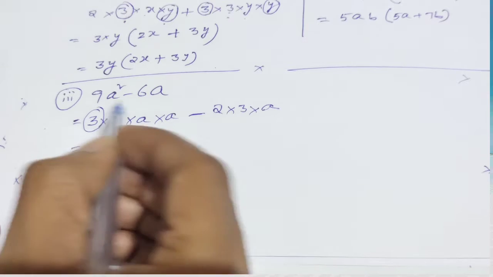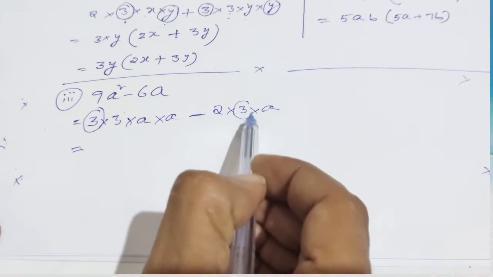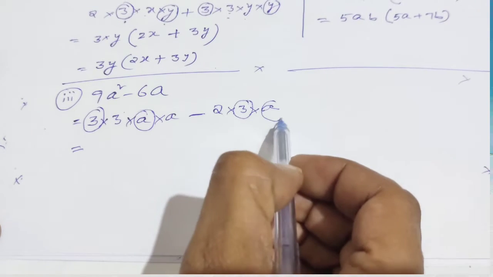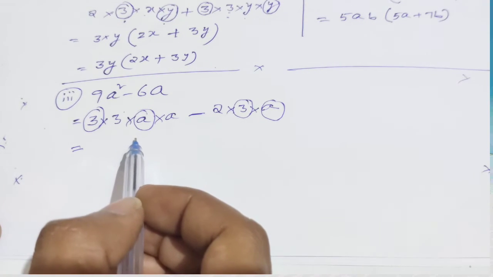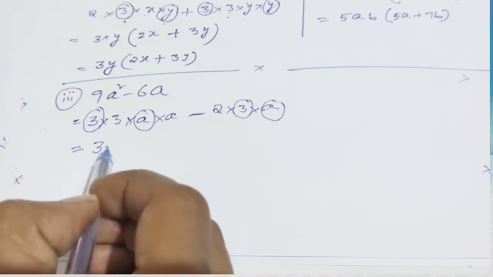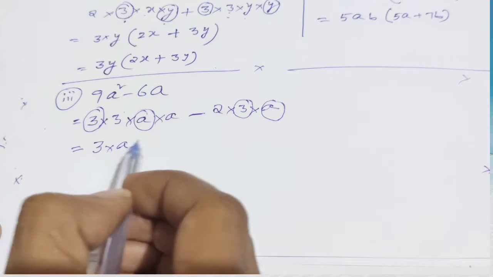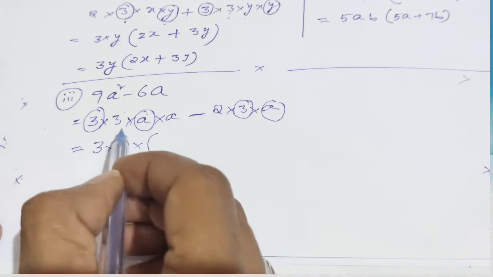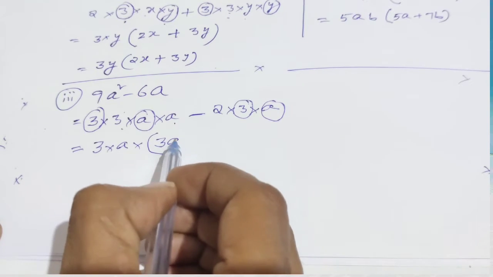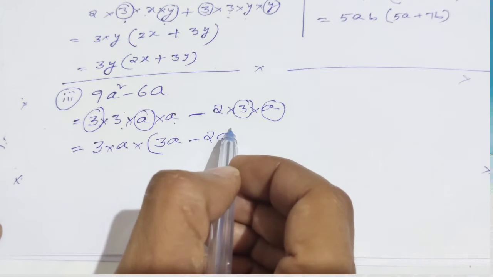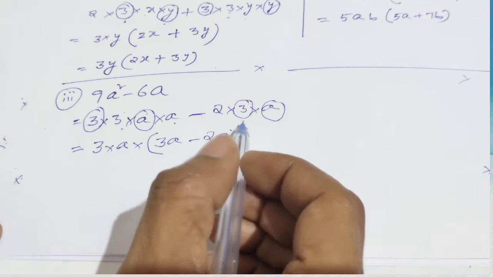Here we have 3 and here also 3, and then a, and here also a. That's it. Now we can take 3a as a common factor and take it outside, and bracket begin, write the remaining terms 3a minus 2.